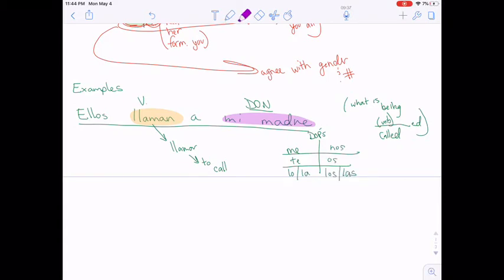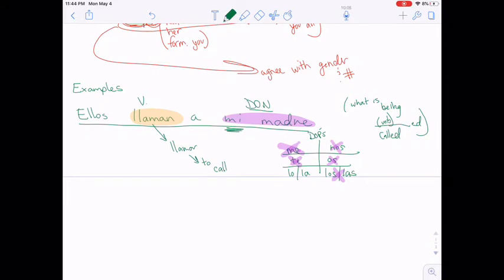Let's be more specific with the subject. We're going to put ellos. Ellos llaman a mi madre. Okay? Or mi mamá. So this is the sentence.